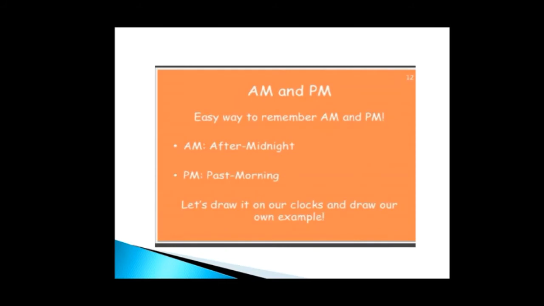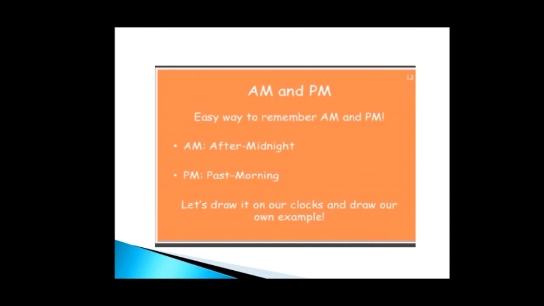AM and PM. Easy way to remember AM. Actually, AM means ante meridiem. But children, remember it easily in a different way: A means after, M means midnight.